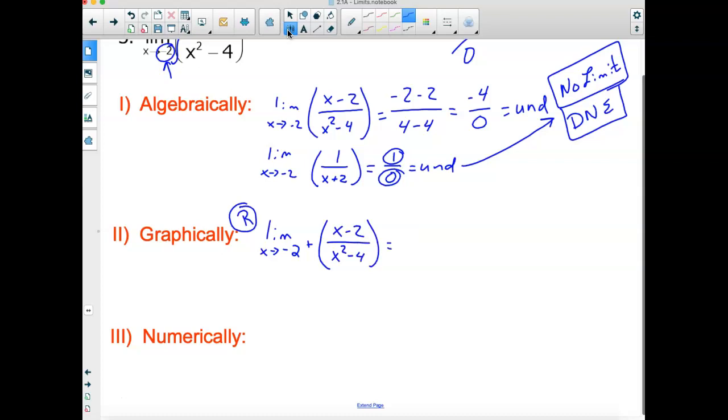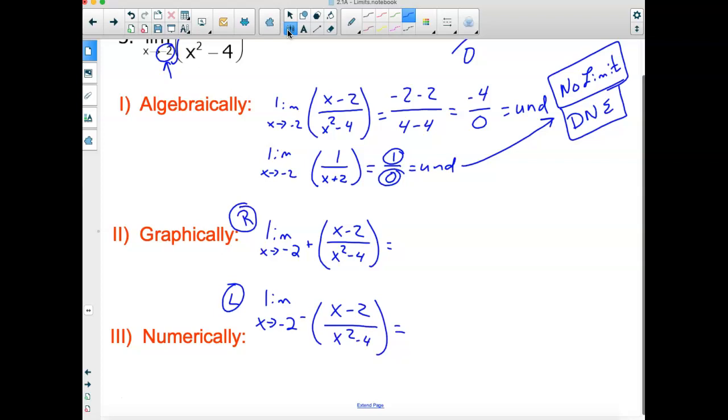That equals, and I need to compare it to the limit as x approaches -2 from the left side of x minus 2 over x squared minus 4. What does that one equal? We're going to pull these from our table.